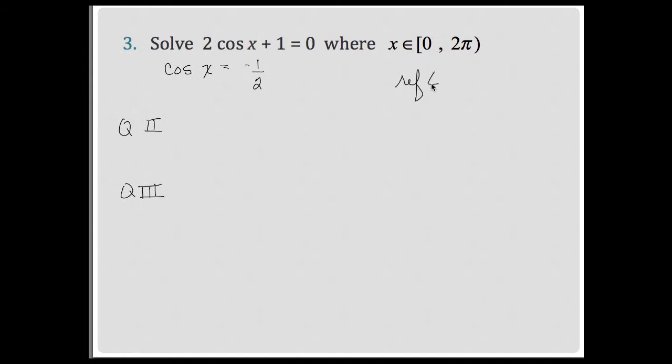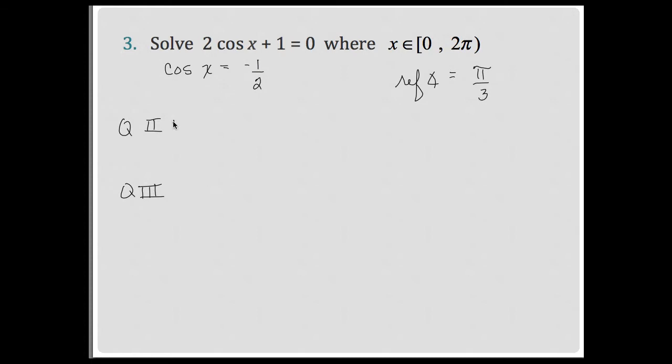So hopefully you're coming up with the fact that your reference angle is pi over 3, because the ordered pair for pi over 3 is a half, comma, square root of 3 over 2. So the half, that is your x coordinate, that is your cosine. So now you know what angle to be using to generate your final answers.